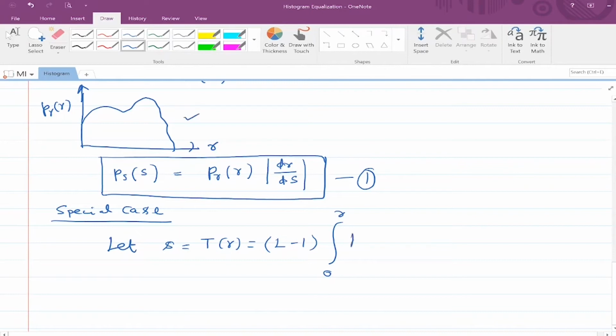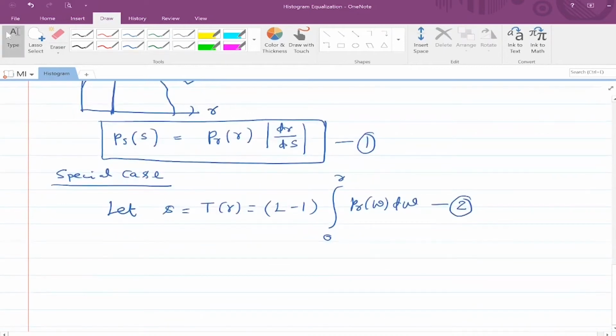Let's use a dummy variable w, dw, which means that if you want to compute for a value r naught, you integrate till there and then multiply by L minus 1. This is how we are defining our s value, a special case we are assuming. The question we are now trying to answer is, what is the probability density function for this random variable s?